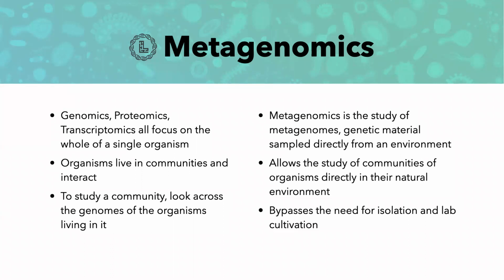But metagenomics is the study of the composition of the whole community of particular microorganisms. So it allows us to study these communities not individually, but as a part of this larger community.